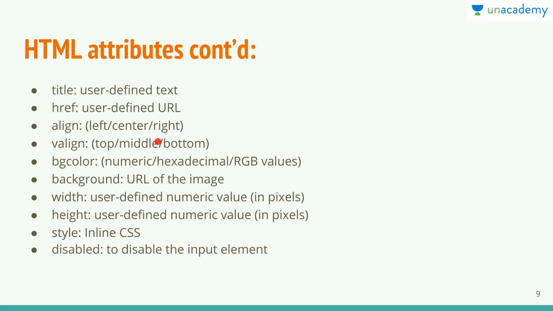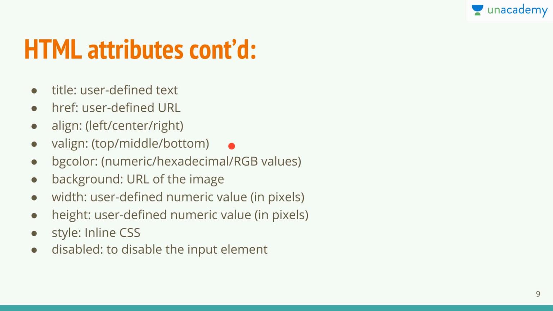Okay, so we will look at these attributes: title, href, align, v-align, bg-color, background, width, height, style and disabled. All these attributes are there, but it is not that they can be used with any tag. Some attributes are specific to some tags, like v-align.